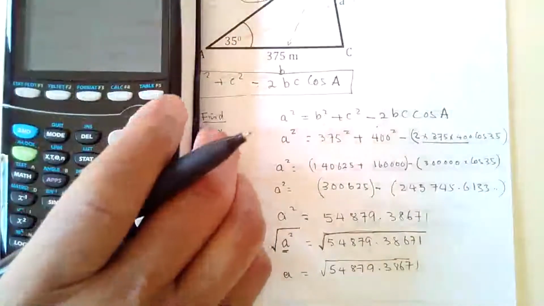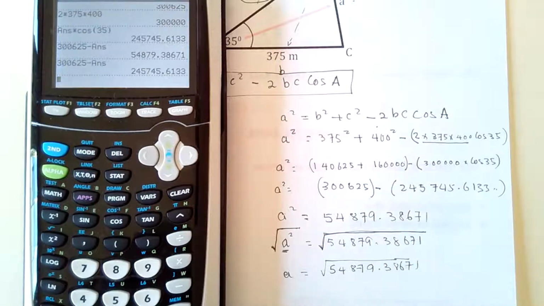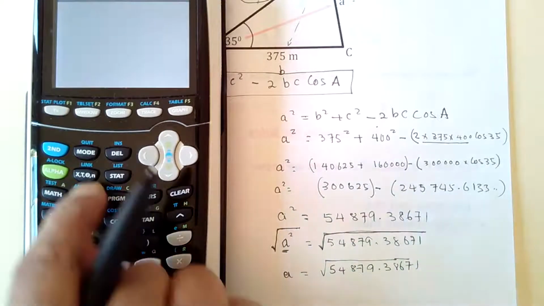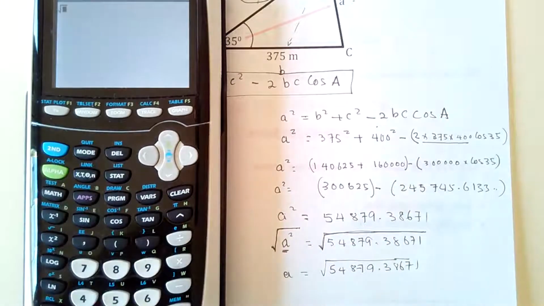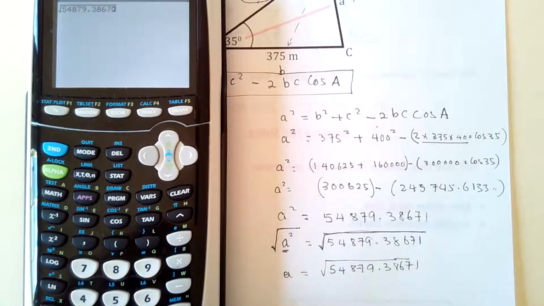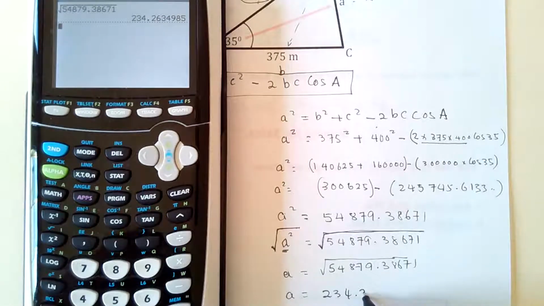Now I go to my calculator. So square root of 54,879 decimal 38671. So this gives me a measurement of 234.26 meters.